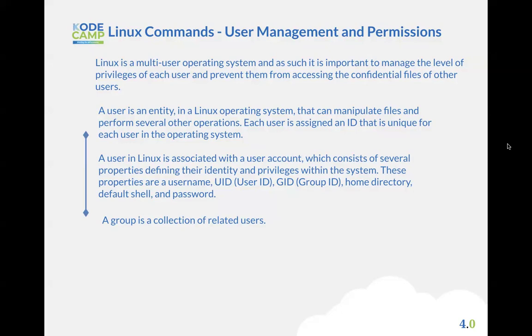Now, a user needs to have certain properties allocated to it as its own. It needs to have a username, its own password, and a user ID and a group ID allocated to it. It needs to have its own files within its own home directory.